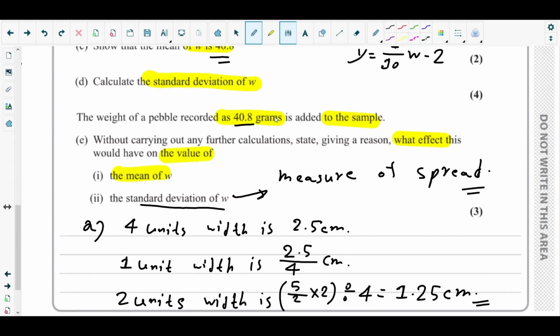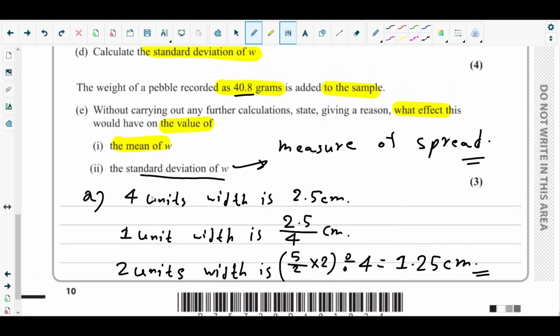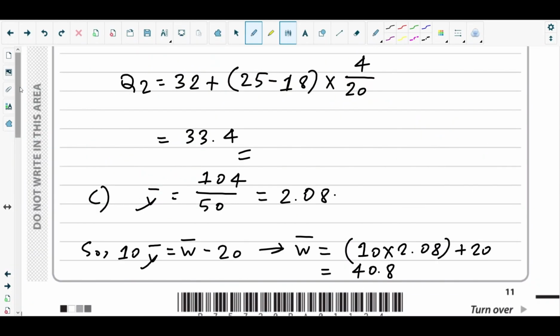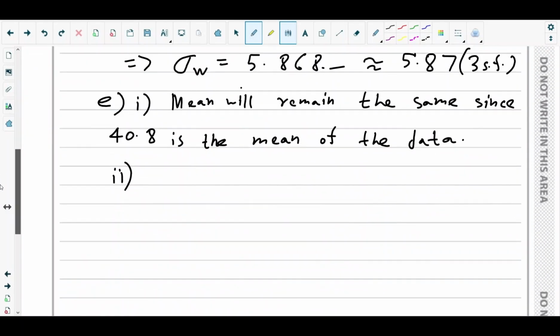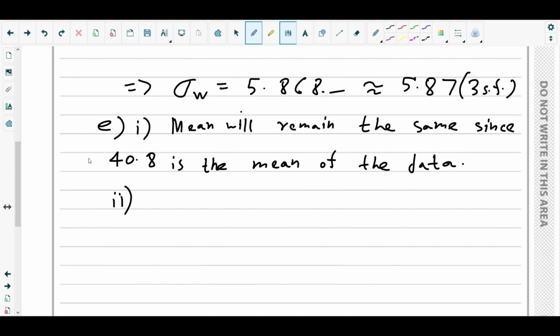Therefore the standard deviation will decrease, because the data values are getting closer to the mean. The value 40.8 is equal to the mean, so it lies within one standard deviation about the mean. Standard deviation will decrease.